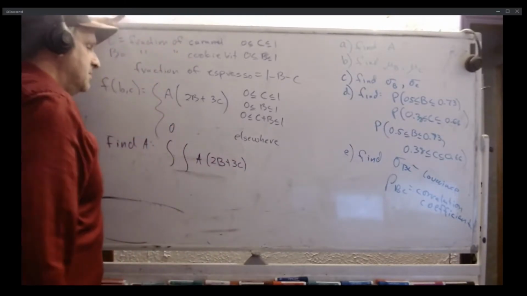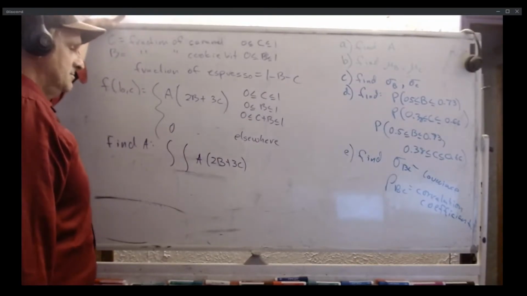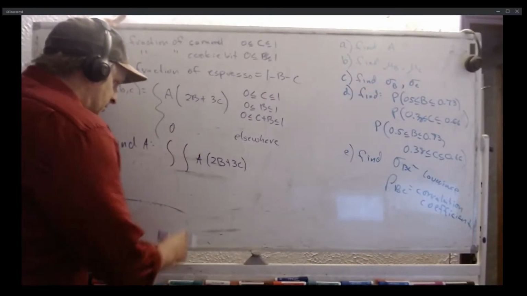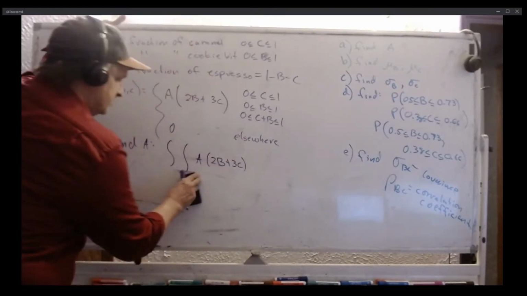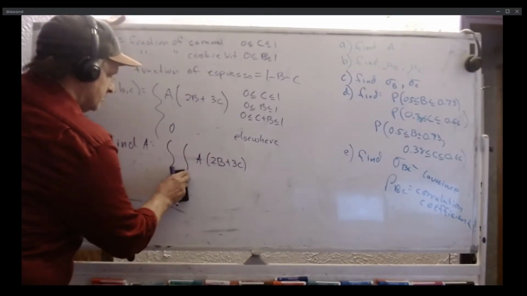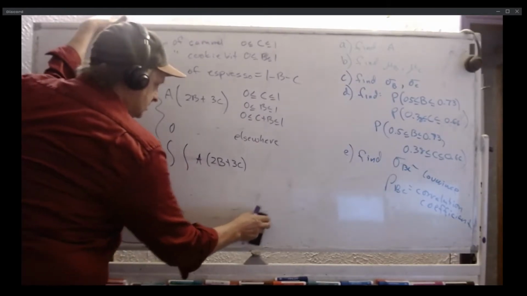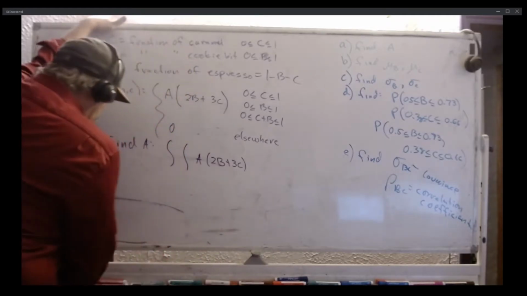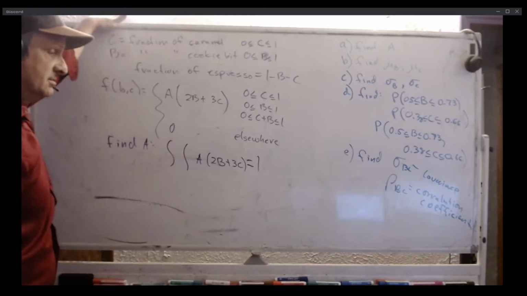Is it dB dC or dC dB? Do you remember? Which one do we need to find first? Well, we have to set this equal to 1, right? So we don't have anything else to go on.